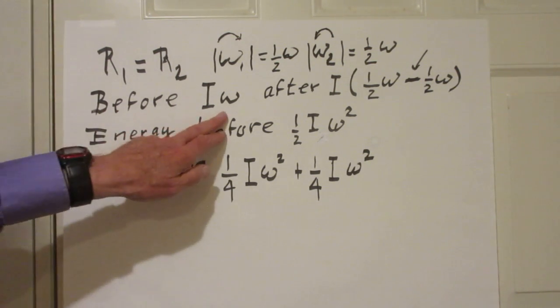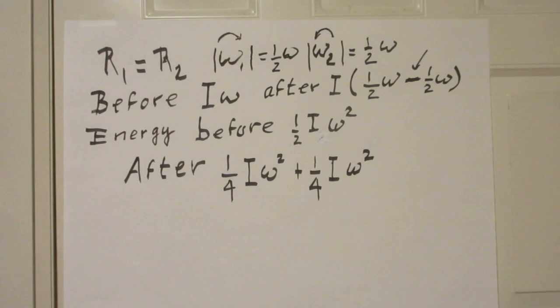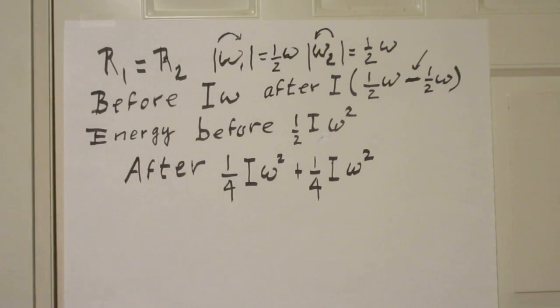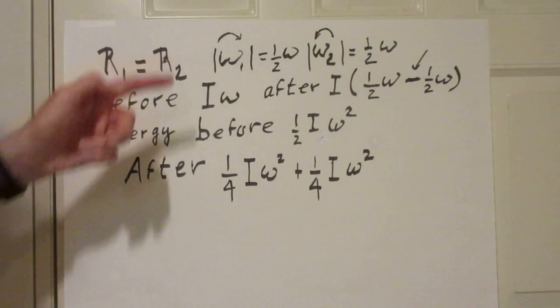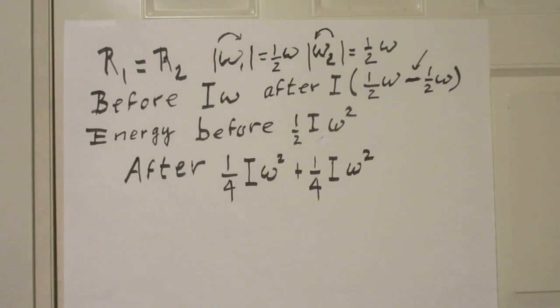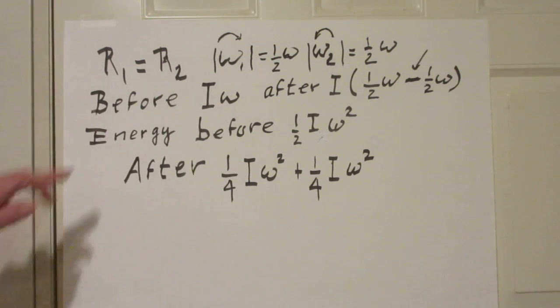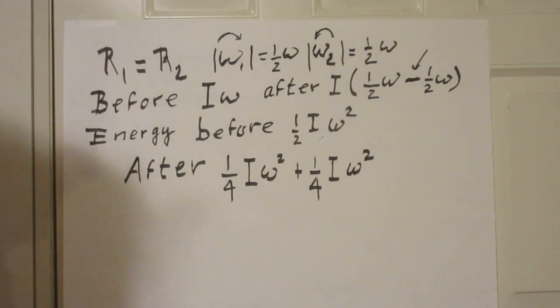What was the angular momentum when we started? Well, that was I omega. You will say, no, it was I2 omega. Yeah, sure. But if R1 equals R2, the moment of inertia of both disks is the same. So I might as well call it I. So it's I omega.